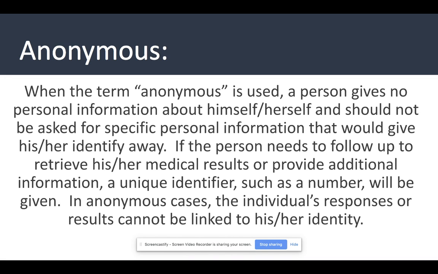I want to use another case example of when anonymity can be used within the OT curriculum or within OT itself.